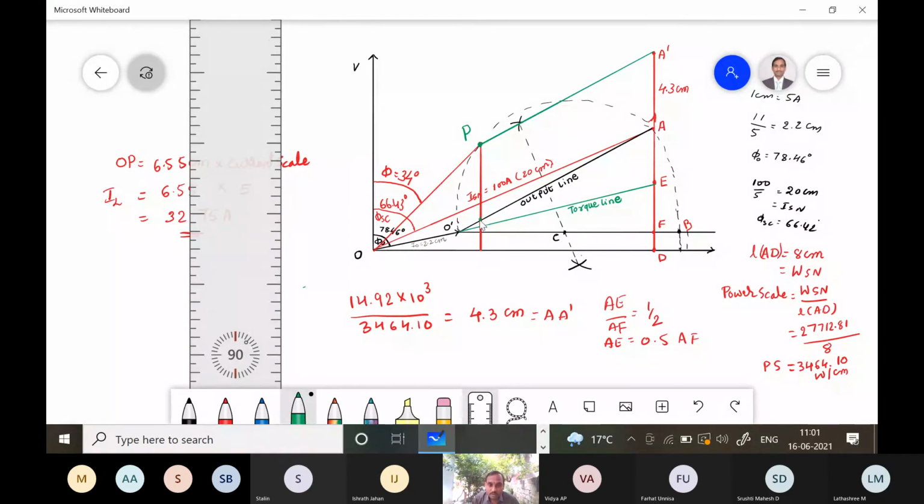It touches the output line, so this is Q, and it touches the torque line, that is called R. It touches the O dash B line, that is called S, and it touches the horizontal line, that is called T. P, Q, R, S, T.